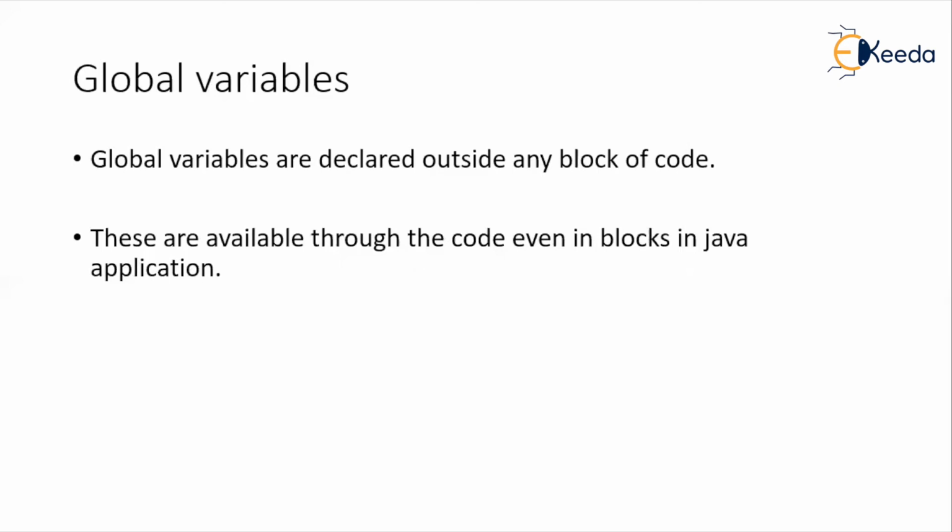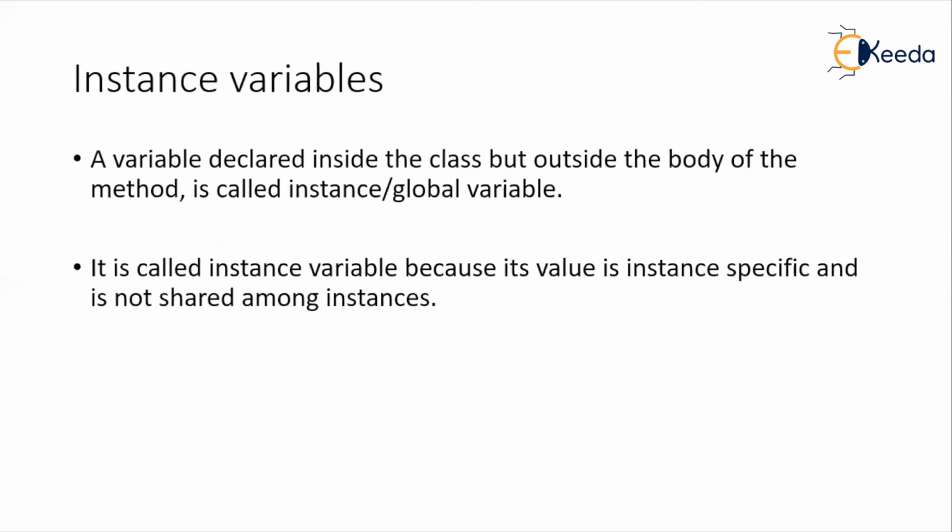Now, these global variables can be static or non-static. The non-static global variables are termed as instance data members. So, a variable which is declared inside a class but outside any method or any block of code is called an instance data member, and these are also non-static data members.